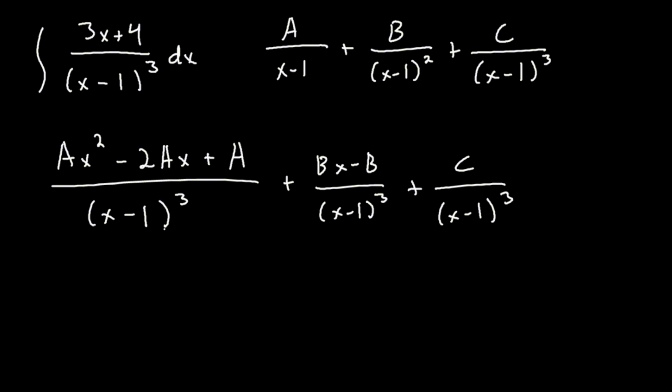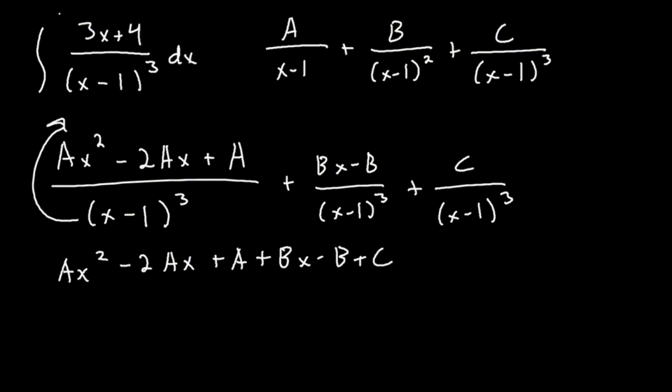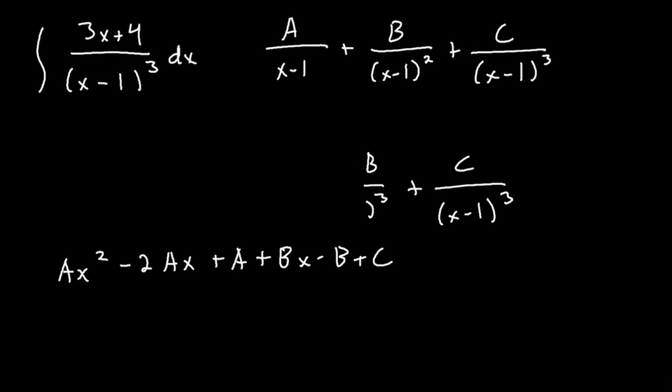All right, now that we have this, we can combine everything in the numerators to get ax squared minus 2ax plus a plus bx minus b plus c. Okay, and since the denominators are equal to each other, we don't have to care about them. So let's only worry about the numerator.